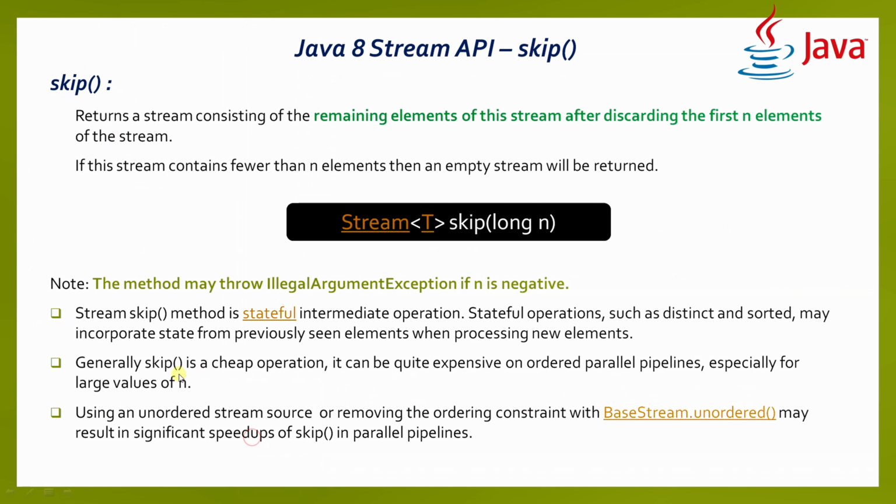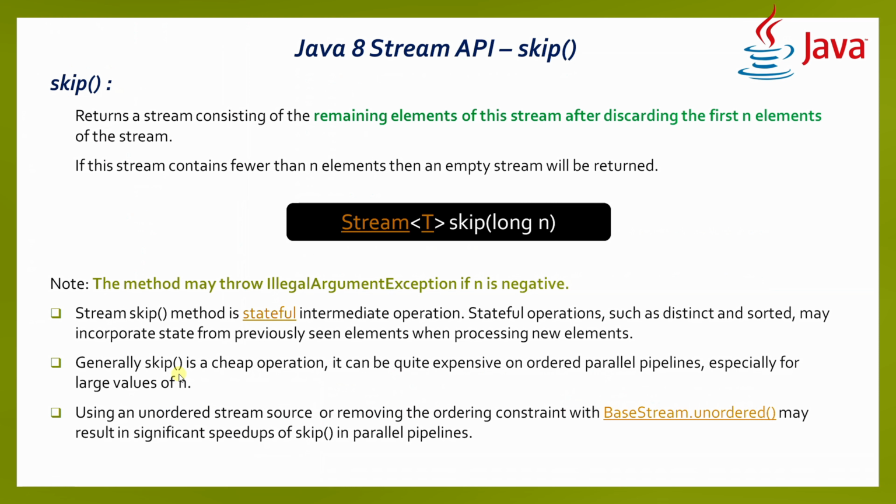The skip method is a stateful intermediate method. What does stateful mean? Stateful means that processing depends on the previous values; whenever the stream is processing, it depends on the previous values. Generally skip is a cheap operation, but it can be quite expensive on ordered parallel pipelines, especially for large values.